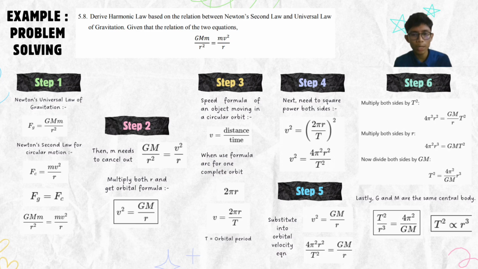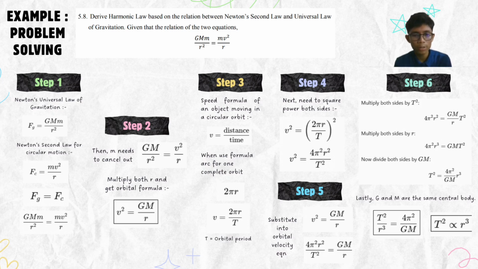Therefore, v equals 2 pi r over T, where capital T is the orbital period. Step 4, squaring both sides, gives v squared equals 4 pi squared r squared over T squared.